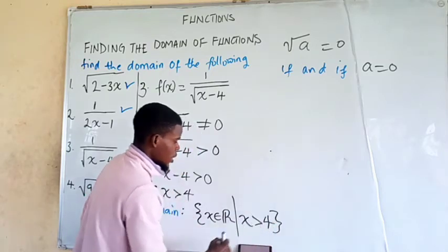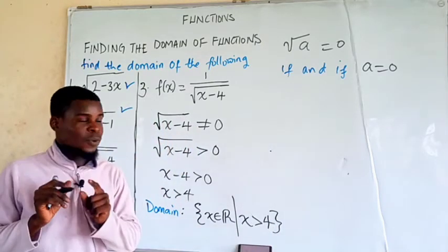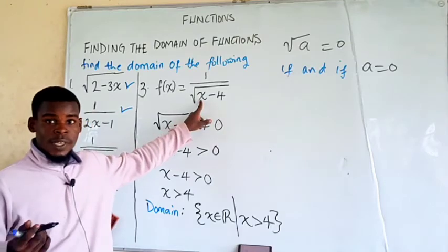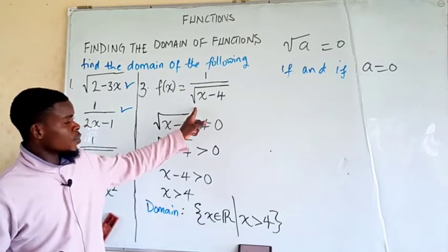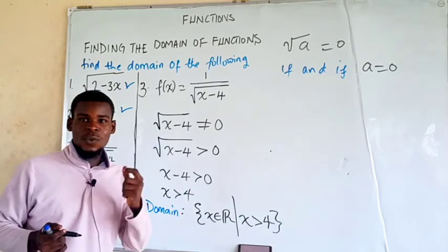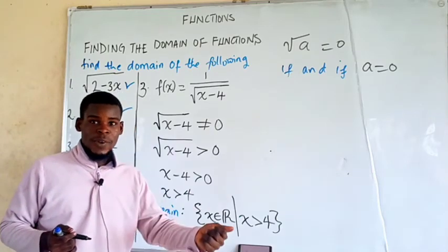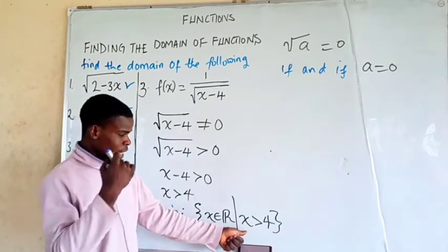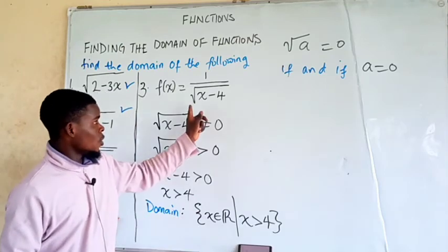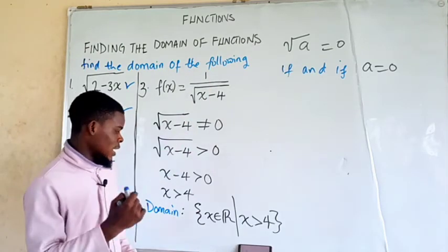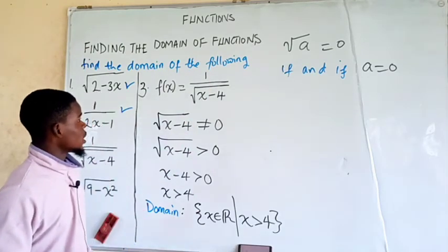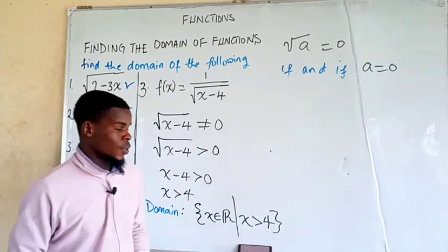Now check this out. If x was equal to 4, we'd have 4 minus 4, which is 0. Square root of 0 is 0. And we'd have 1 divided by 0, which is undefined. But as long as x is bigger than 4, all our values will be defined. Okay, great. That is for the third question.